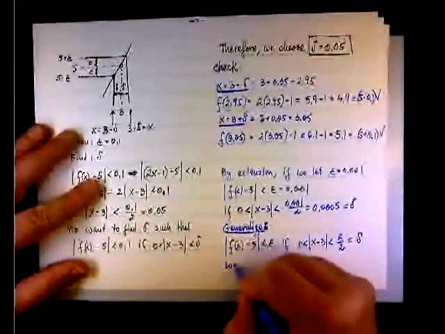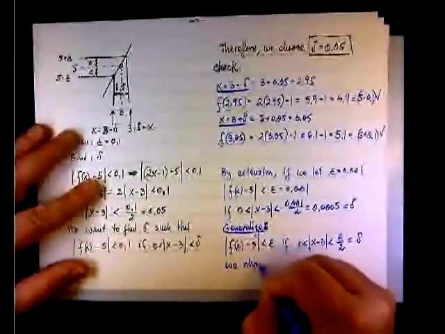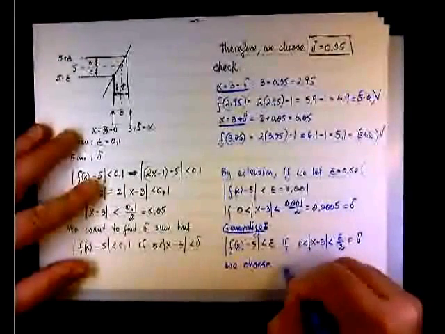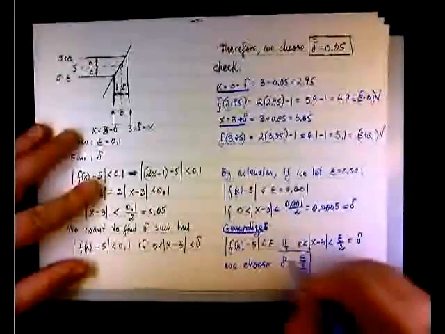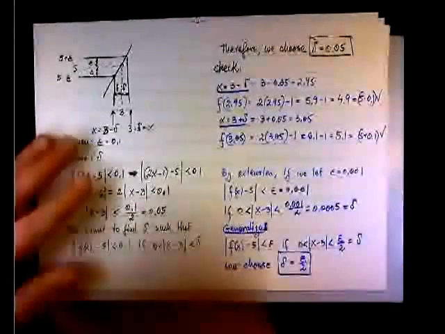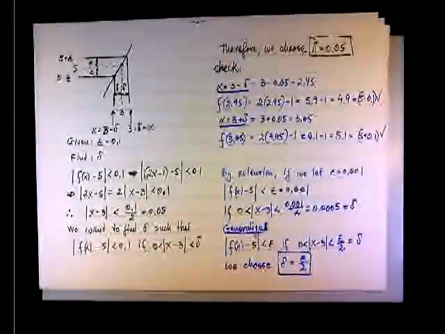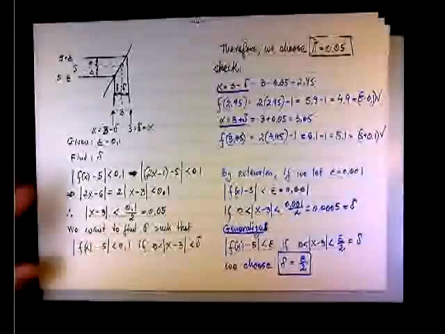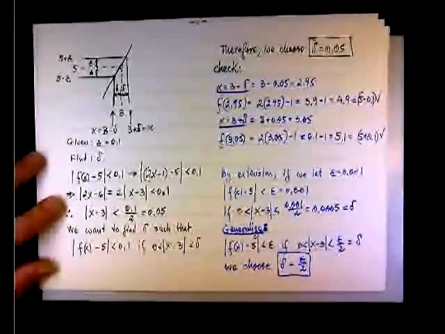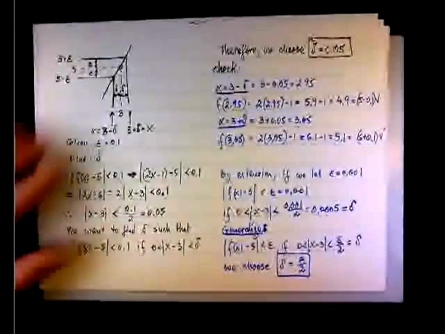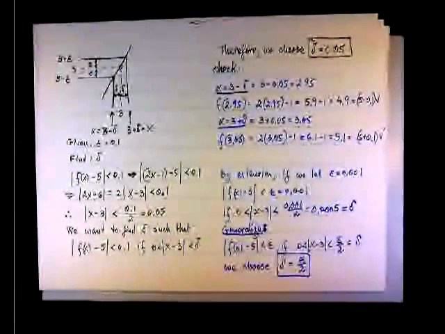So in general, we choose delta equals epsilon divided by 2. And this is true for this particular function. For any given epsilon, we can choose delta to be epsilon divided by 2, and we are safe. We know that we are as close to the limit as epsilon.